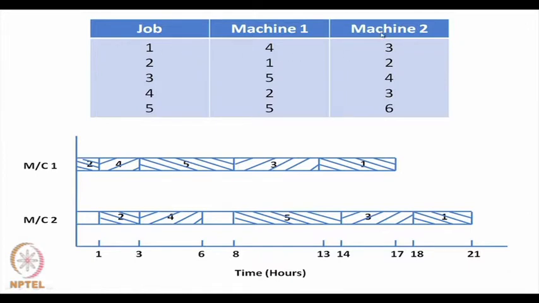So, since it appears for machine 2, job 1 should be assigned last to machine 2.